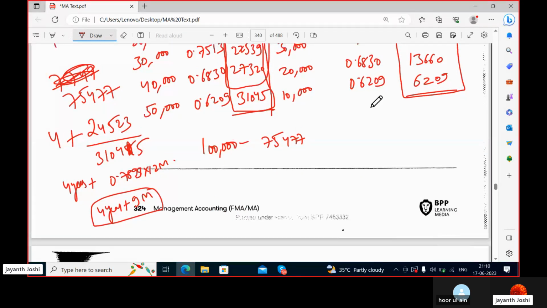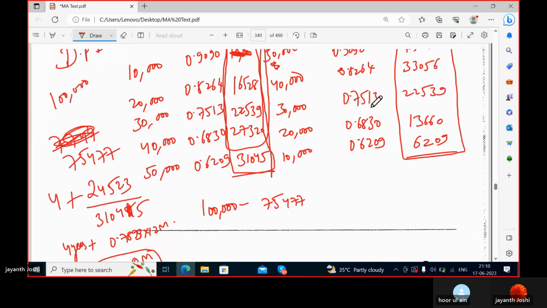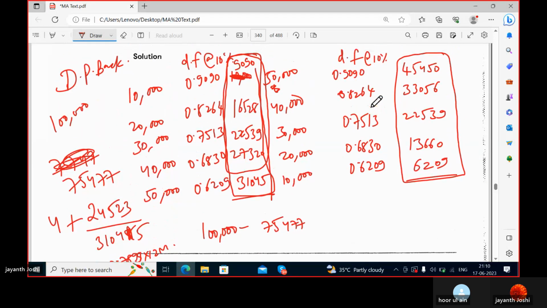And we will see in this case how much. 45,450 plus 33,056 plus 22,539 is almost 100,000. So we are going to take 2 years. In 2 years, we are recovering 78,506.